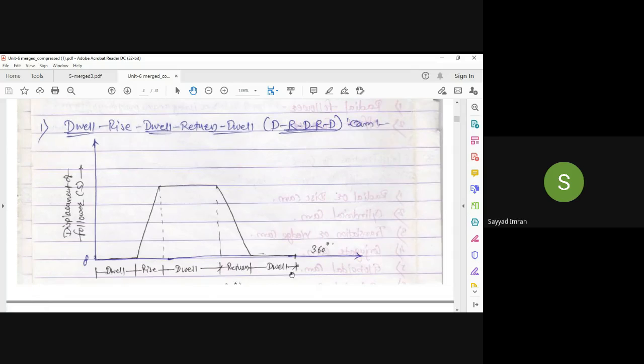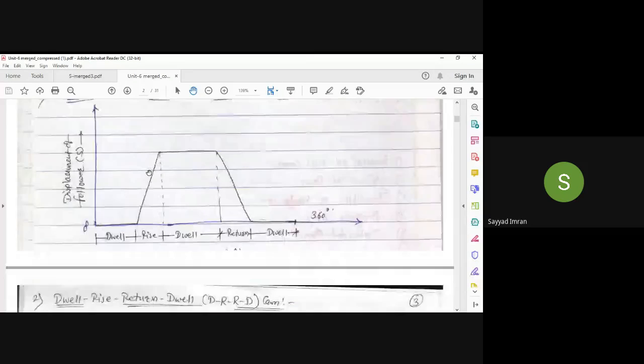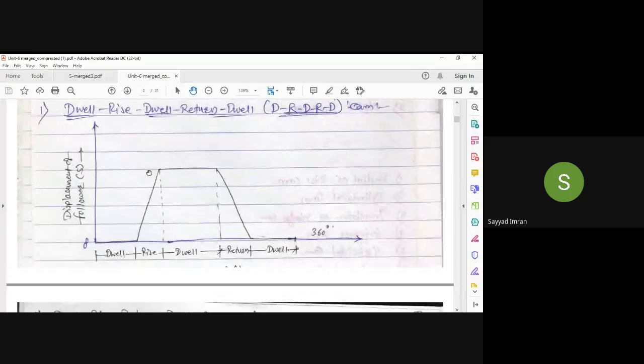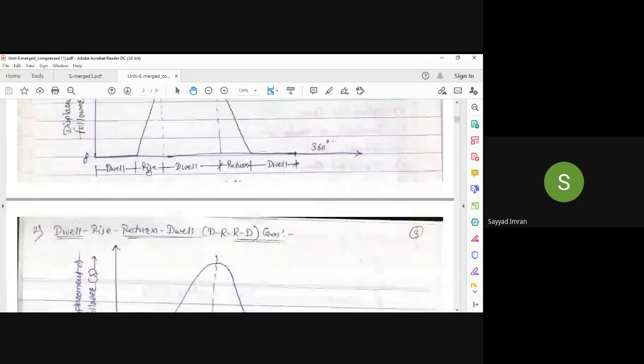One cam rotation consists of 360 degrees. So there is dwell, rise, dwell, return, dwell. On the x-axis is the cam rotation theta, and this is the displacement of the follower. So this is the DRDRD cam.